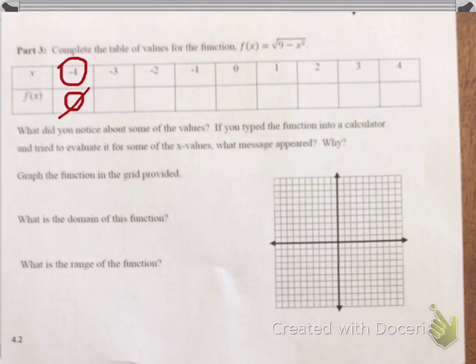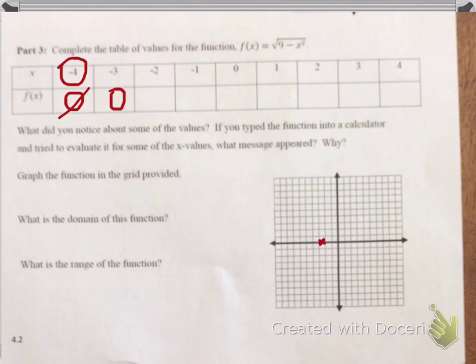If I put -3 in there, -3 squared is 9, and 9 minus 9 is 0. So I actually just found my starting point. My ordered pair there for my starting point is -3, 0. So I'm starting right here on my graph.